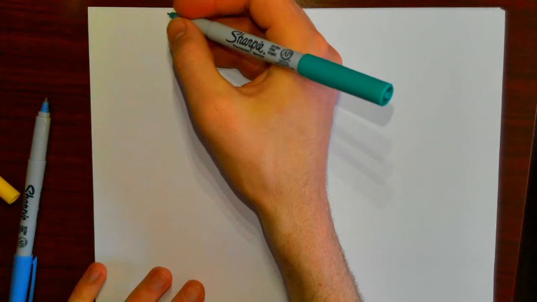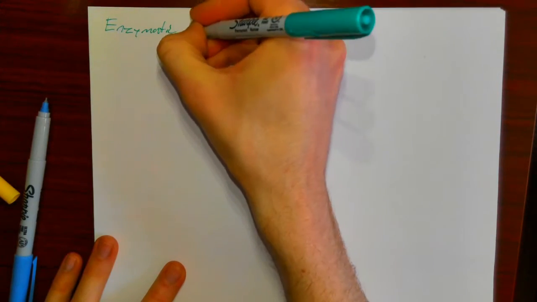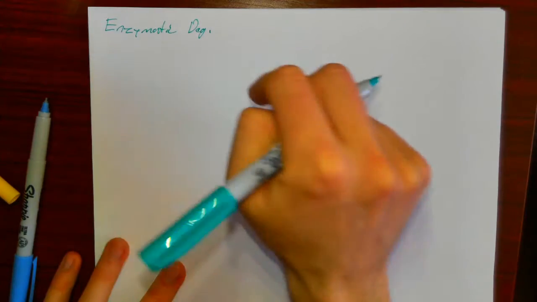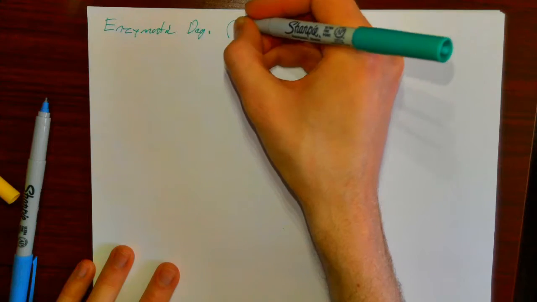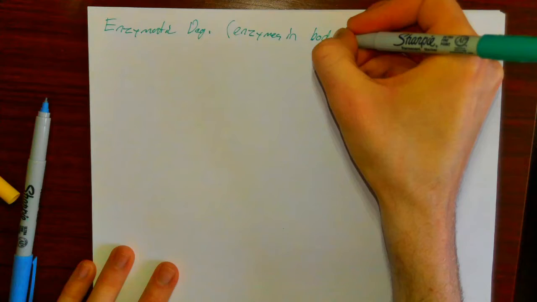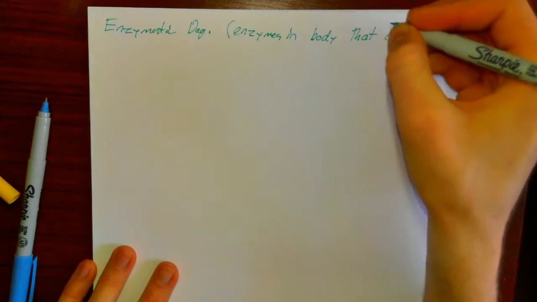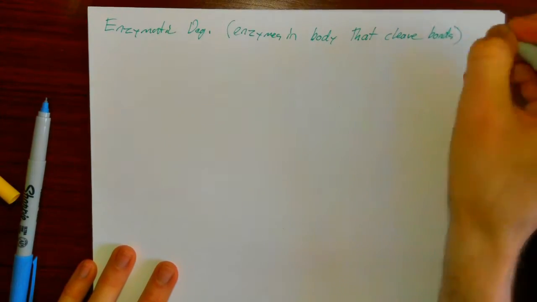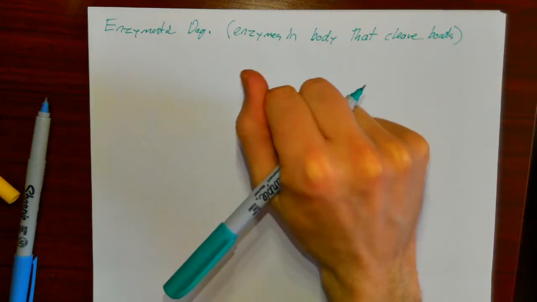We can contrast the way that polyesters and polyurethanes degrade to enzymatic degradation, where there are enzymes in the body that cleave bonds. Some of these enzymes might use water in that reaction to cleave the bond.